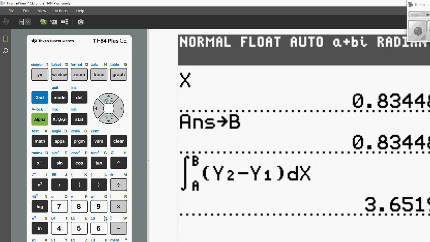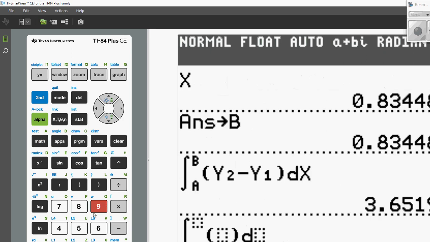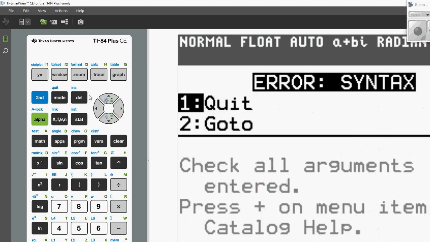So I get that. Now, if you don't like that and you want to actually type everything out, I could go negative 1.677, then 0.8345. I could do parenthesis negative x squared plus 3 minus e to the x, and actually type this whole thing in and hit enter, and I get, oops, messed something up.